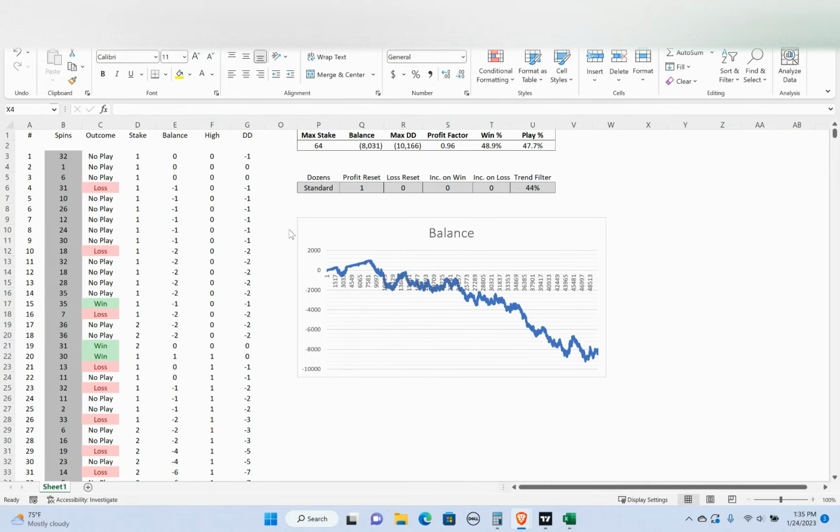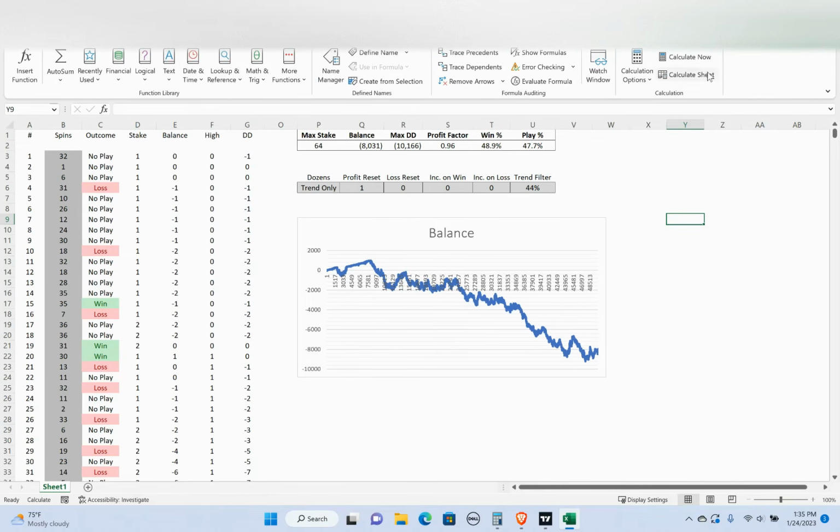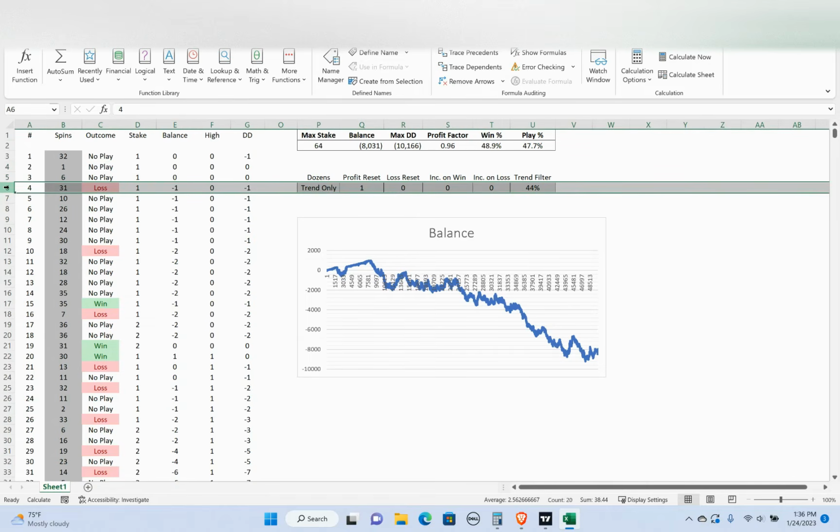So the first thing I did, just like in the last strategy on the first video, is I instituted a trend filter. And what this trend filter is going to do, once I click update and calculate the sheet, is add another filter. In this case, we got two lows in a row, and we play low.